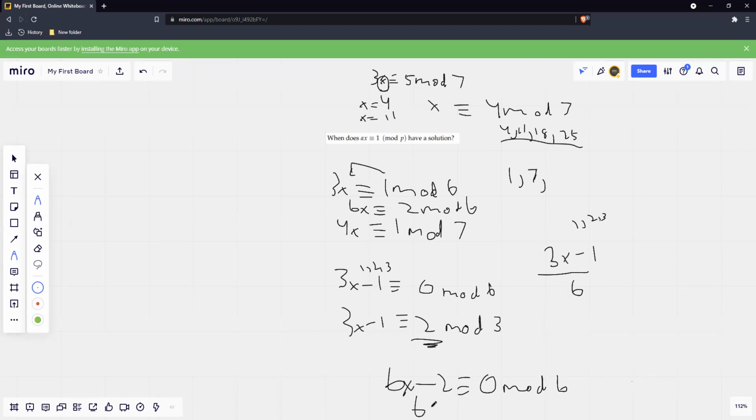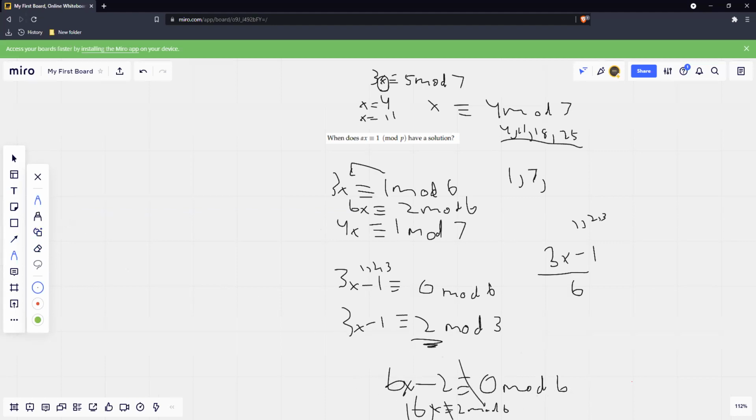I don't think this makes sense, does it? Why? Because the left-hand side is being multiplied by 6, so it should always be 0 mod 6. But it's saying 6x minus 2 is congruent to 0 mod 6. Obviously, this is a false statement.